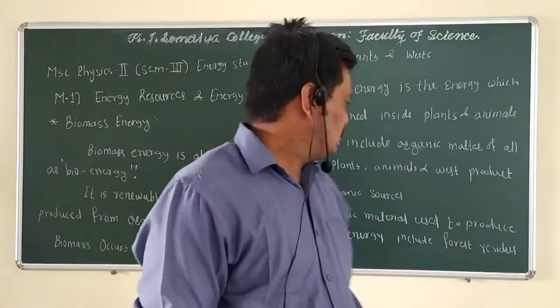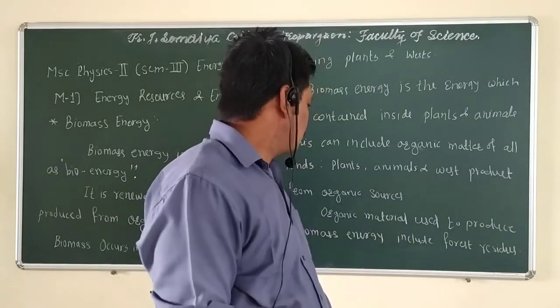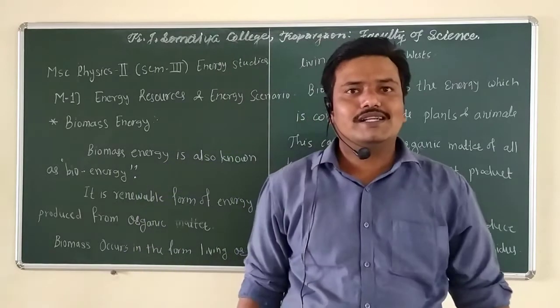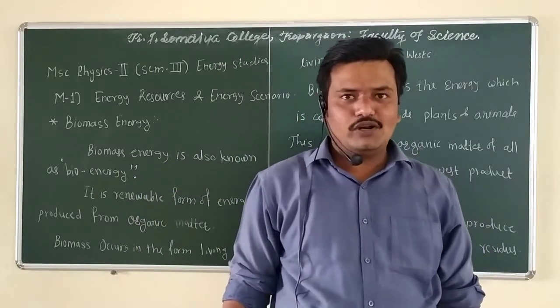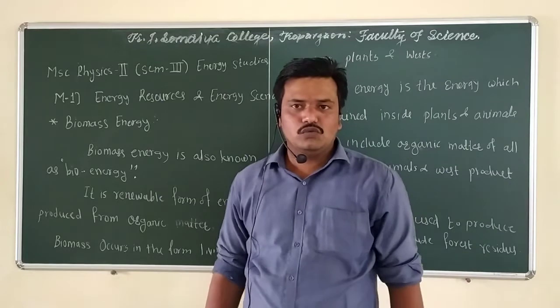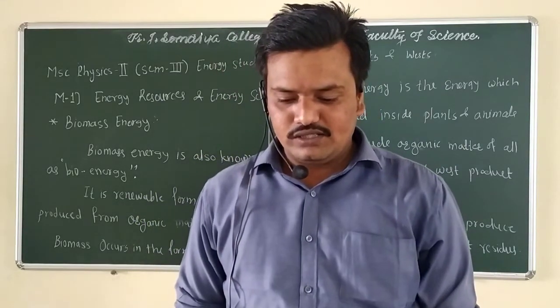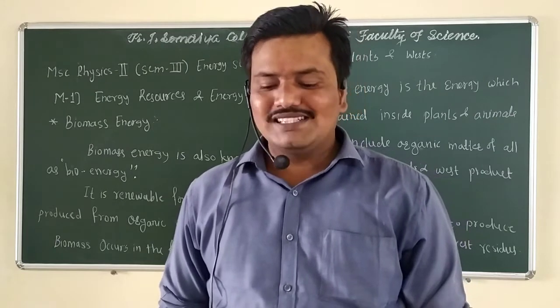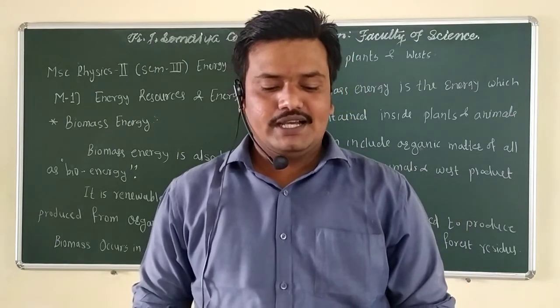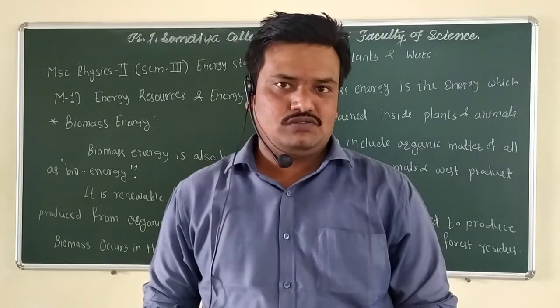The materials used to produce biomass energy include forest residues. For example, forest residue is considered as the stems and branches of plants, dead trees and tree stems.